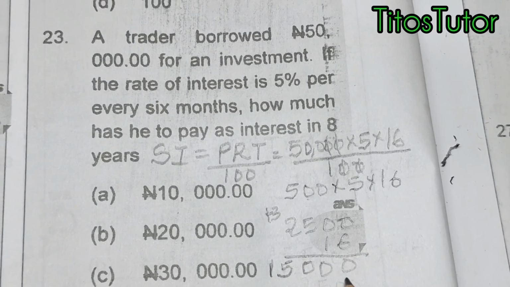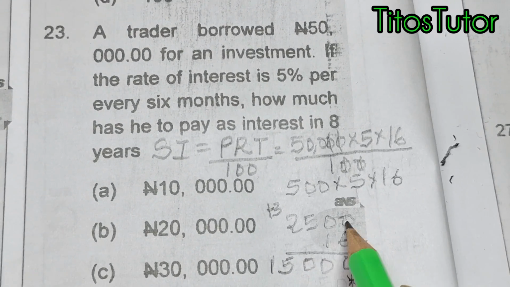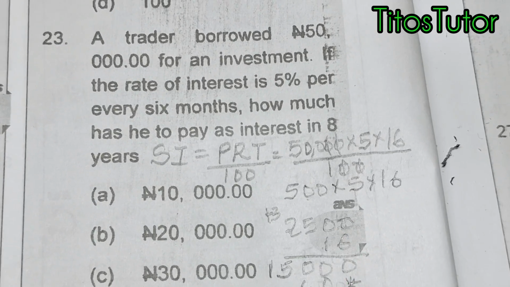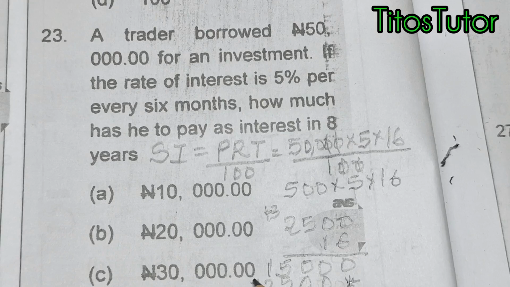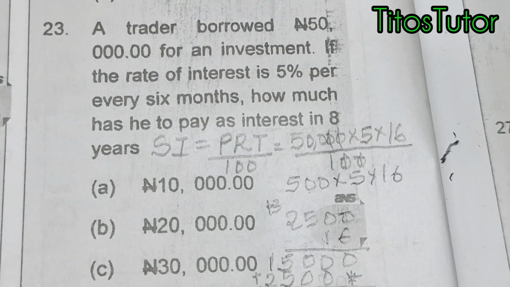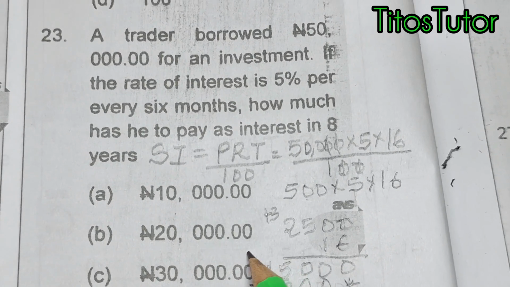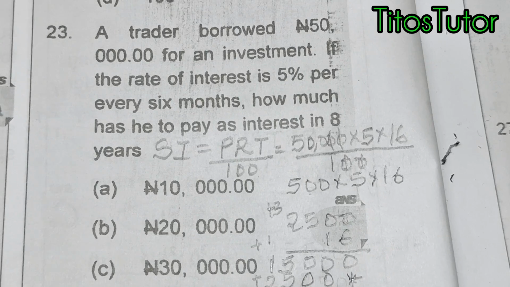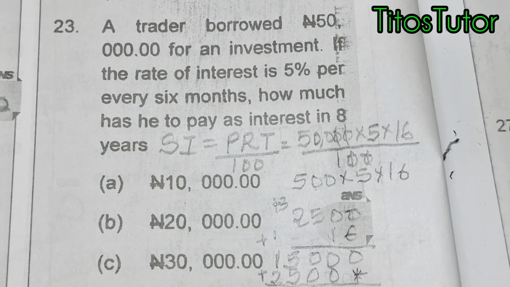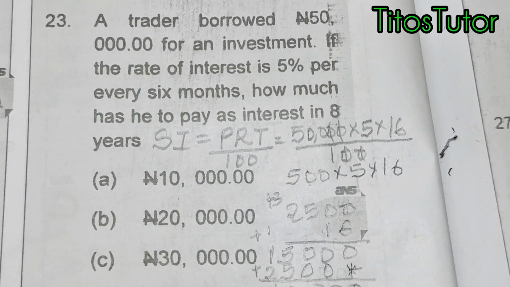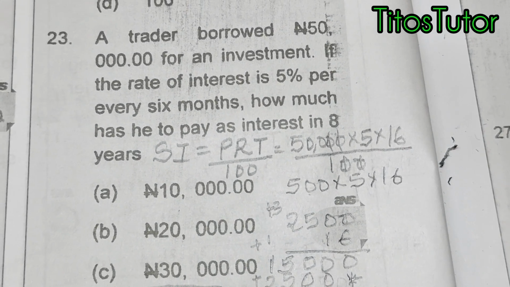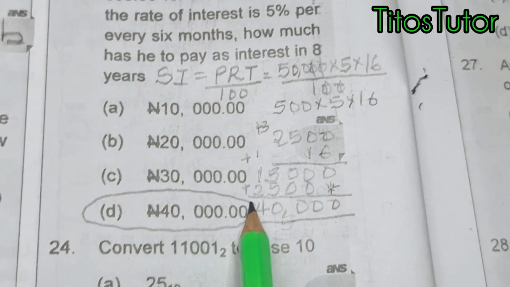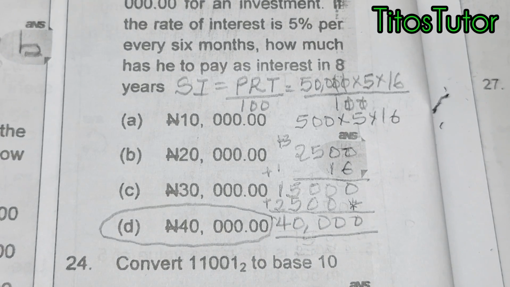Okay, so I'm done with 6. I go with 1. 0, 0, 5, 2. I add it up together. 0, 0, 0. This is 10. Put a plus 1 here, and this is 4. So as interest, after 8 years, he'll pay 40,000 naira. My answer is D, and I am done.